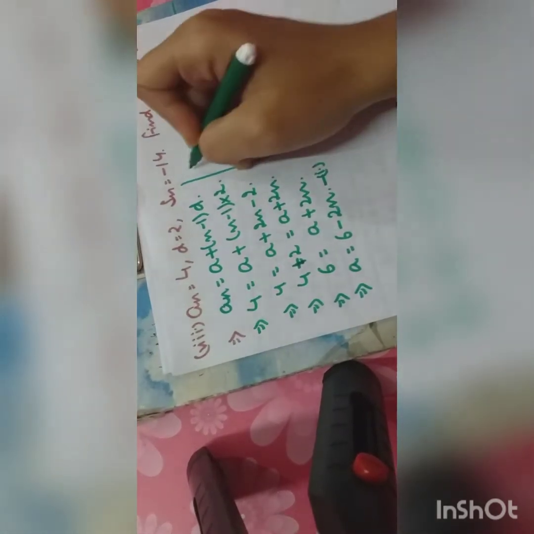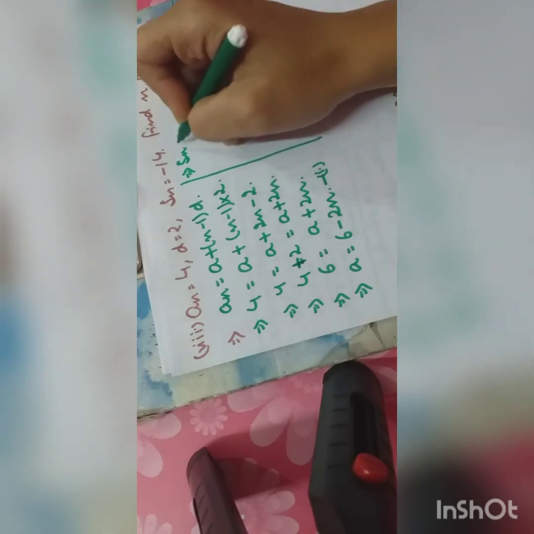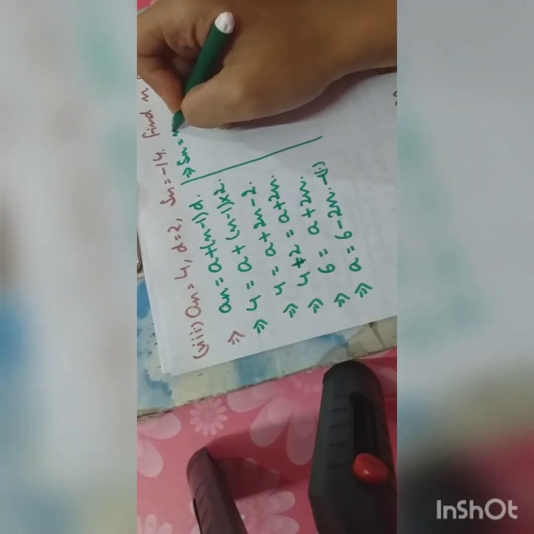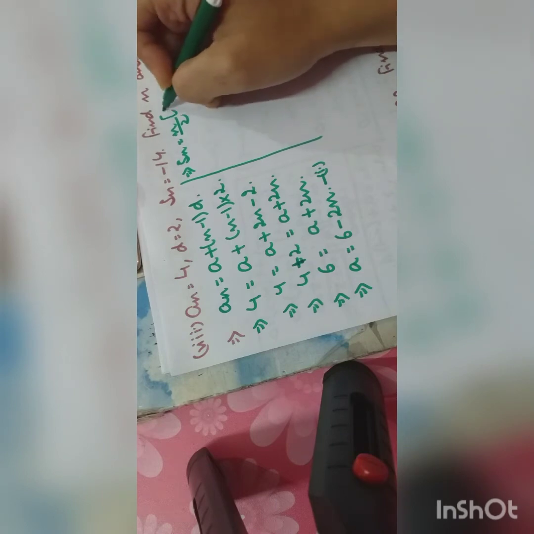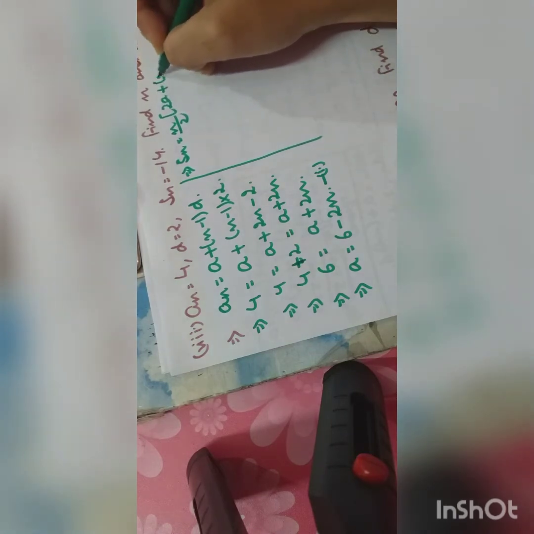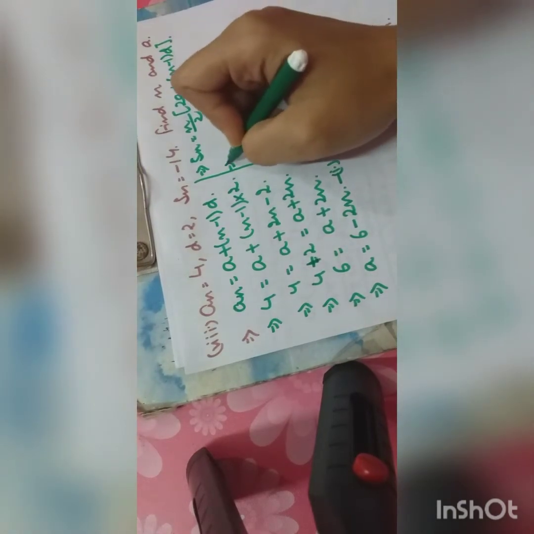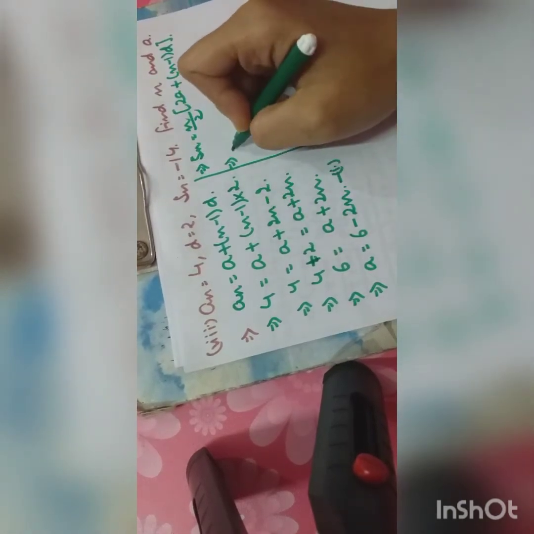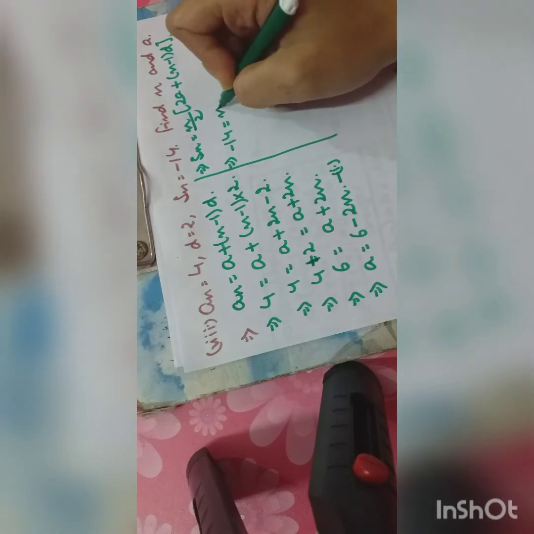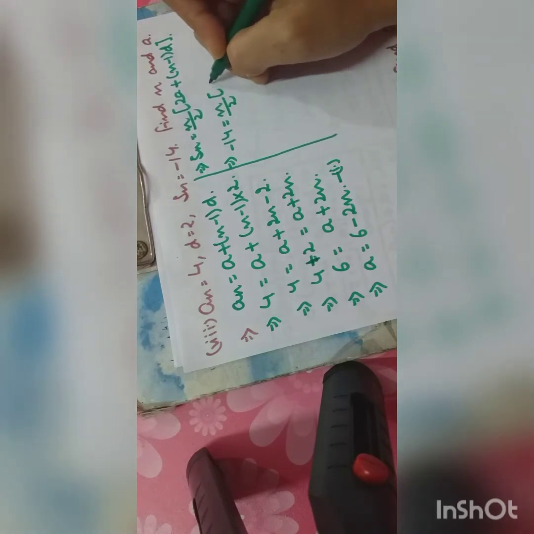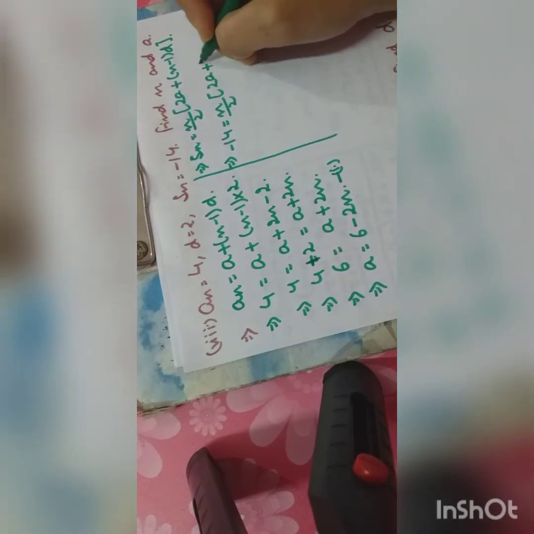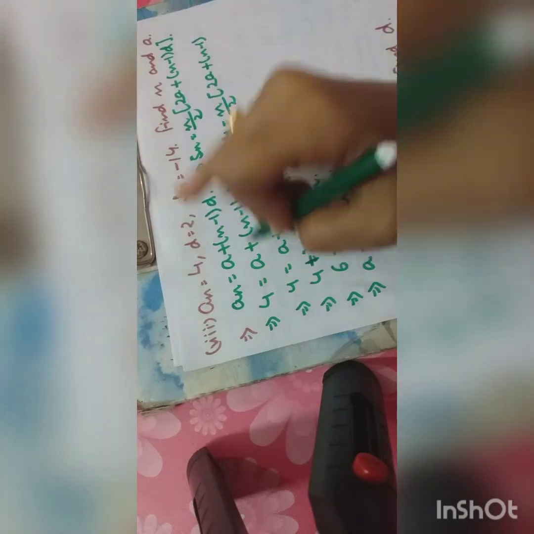Now I am using the Sn condition that is given to me in the question. So Sn equals n by 2 into 2a plus n minus 1 into d. Sn is given to me, that is minus 14. So minus 14 equals n by 2 into 2a, a is unknown, plus n minus 1 into d, d is given to me, that is 2.